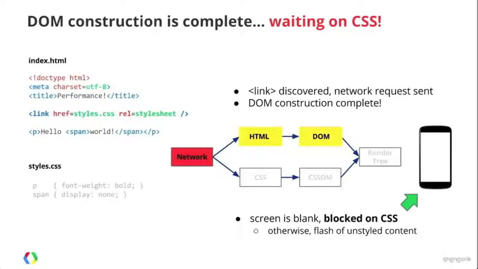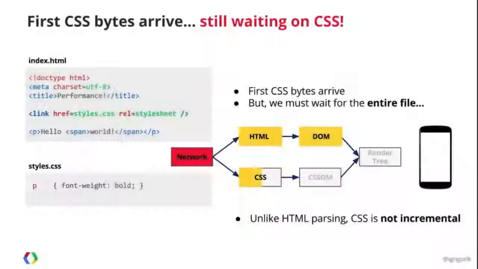We can't render anything on the screen until we have the style sheet, because I think we've all had this experience, usually due to a networking problem, where the page loads, but the CSS is missing, and you just get garbled text all over the page, a white background and not useful layout. That's what happens. We don't render anything until we have the styles, because otherwise the problem is known as a flash of unstyled content. So even though we have all the HTML, we can't do anything.